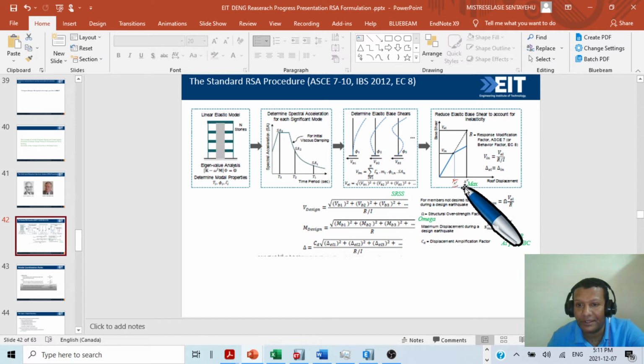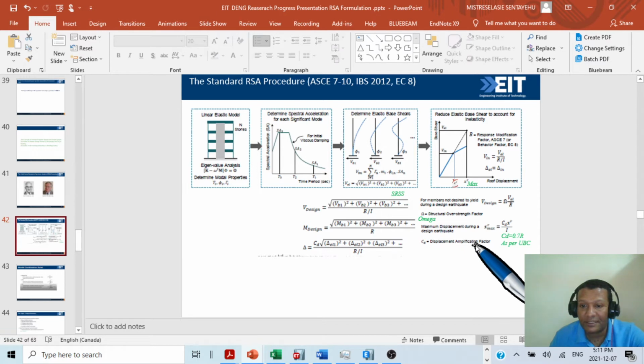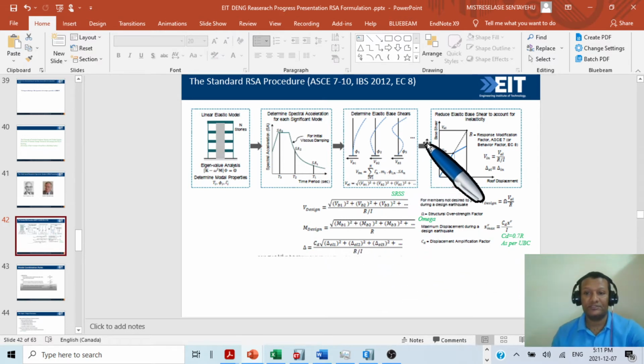So we will apply CD times XR over importance factor, because most of the time the elastic displacement and the inelastic displacement are almost the same, not that much varied. So CD is equal to 0.7 R as per UBC. CD is the displacement amplification factor. This is how we are going to use CD over R over I. I is the importance factor for all.